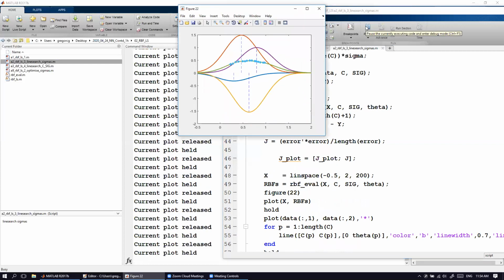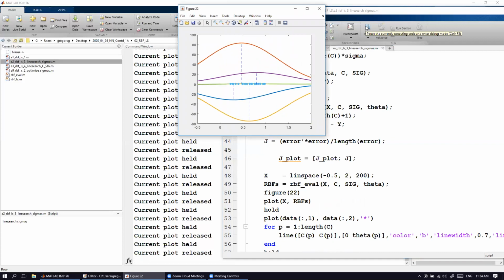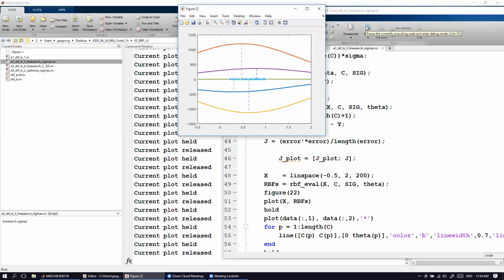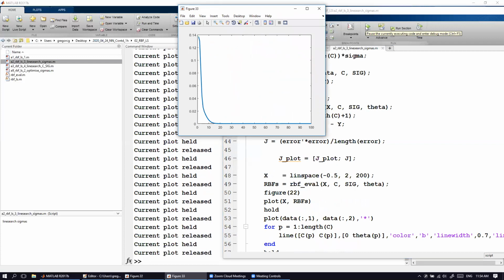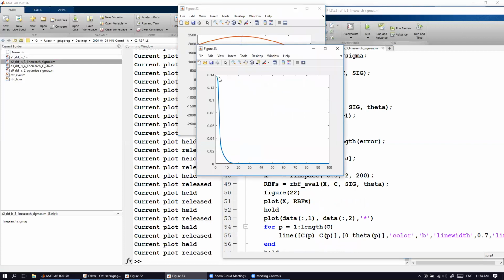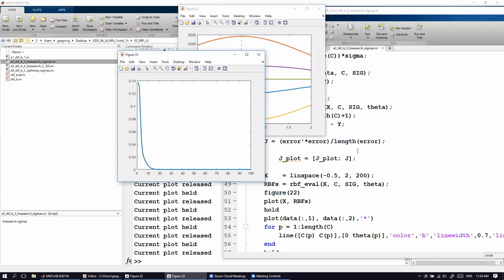So here we just change the sigma from a very small number to a very big number, and we take a look at the cost. We change the sigmas between 0 and 100.